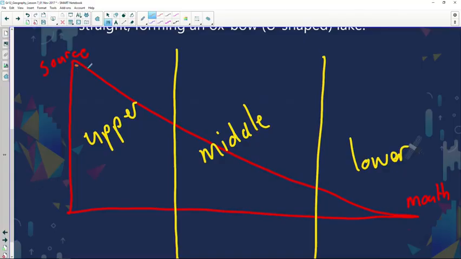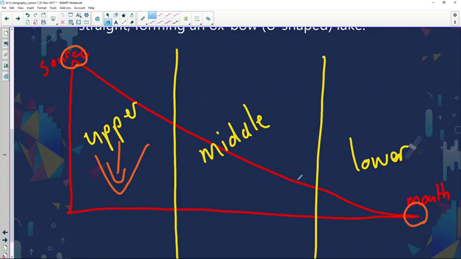If we can just recap, the river originates from its source to the mouth. The upper course, as you can see, is extremely steep. If you look at the riverbed, it's V-shaped because of the downward erosion taking place.